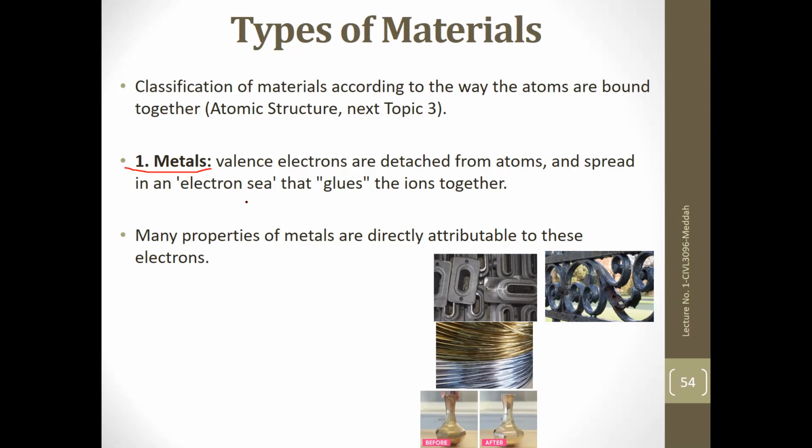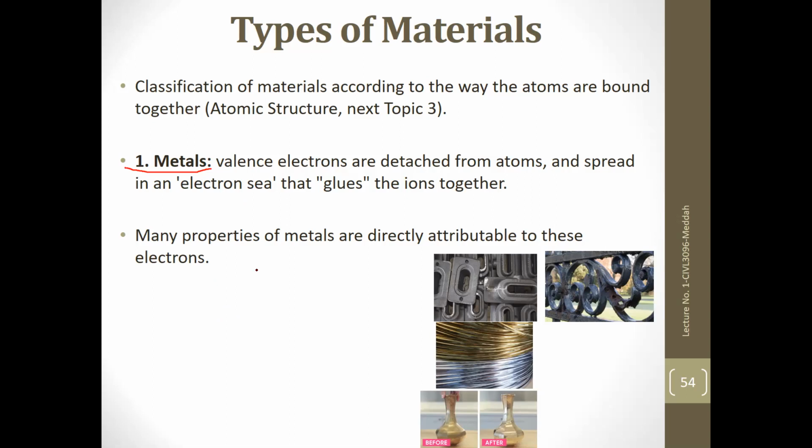The electrons are not bonded to specific ions or to specific atoms. They are forming like a sea of electrons. We'll see this in a bit more detail in the next chapter when we discuss chemical bonding, but here we are just discussing the general information about these 5 major categories of materials.